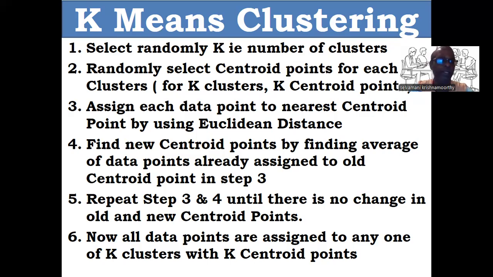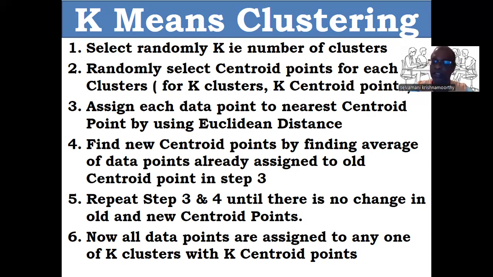Step number 4, find new centroid point. First time we randomly select centroid points. Now find new centroid points by finding the average of the data points already assigned to the old centroid points in step 3. Already all 8 data points are assigned to any one of these 3 centroid points.